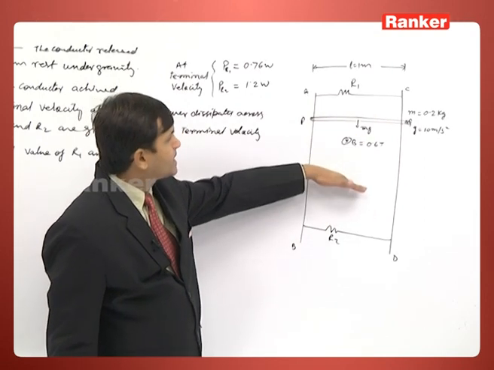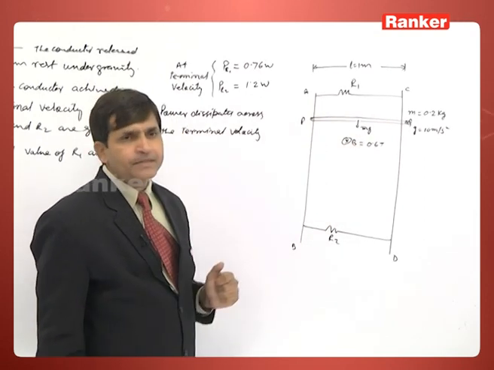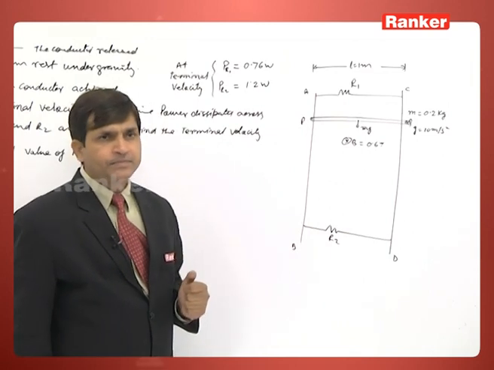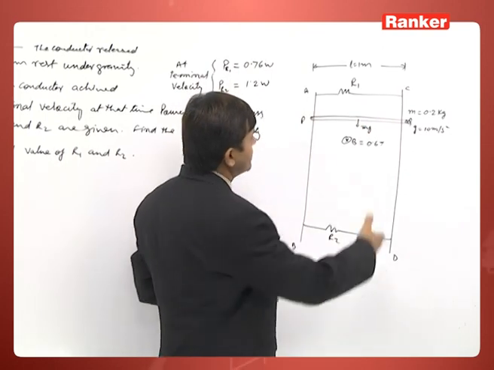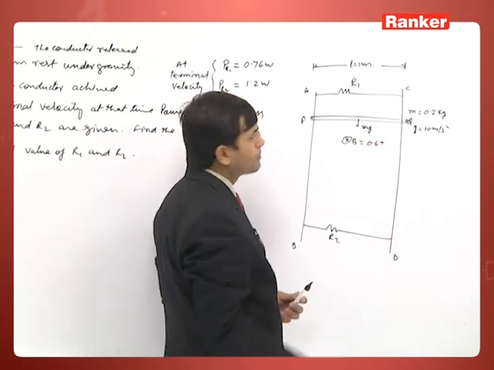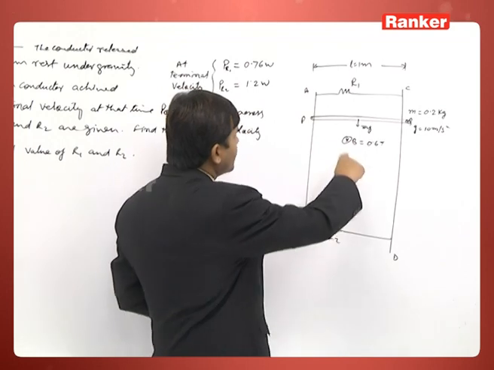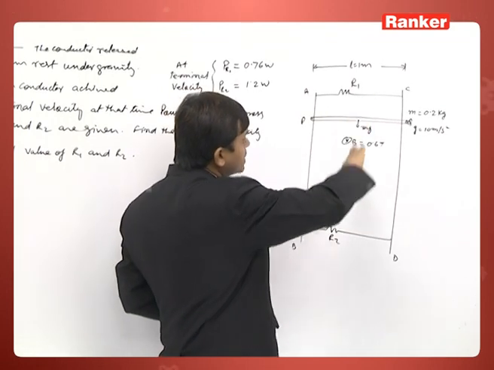It starts accelerating. As soon as it accelerates, it acquires a certain velocity. Because of that velocity, an EMF will develop, and see the direction and polarity of the EMF. The magnetic field is in the inward direction, the velocity is downward.